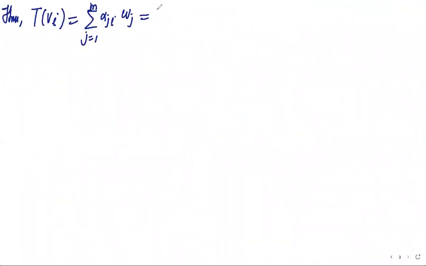So this is equal to summation j from 1 to m alpha ji. Now wj is equal to Tji of vi. ठीक है?